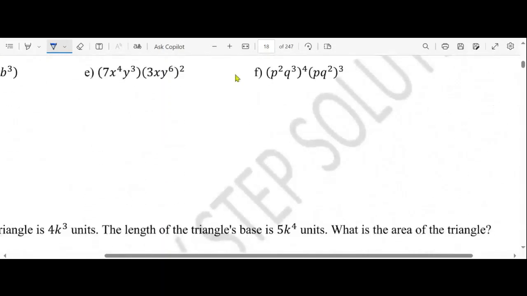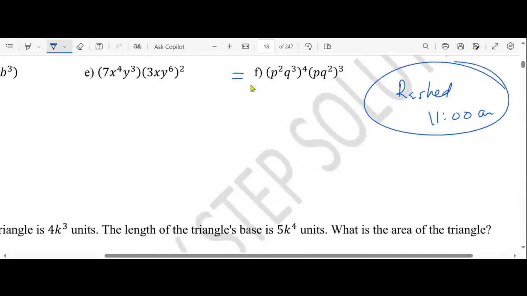Rashid, can you solve this? Yalla Rashid. b squared times b to the power of 4. What should I do?